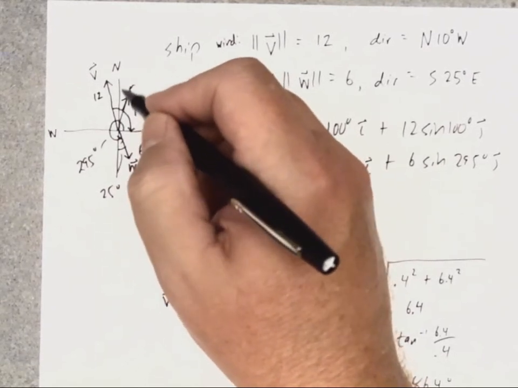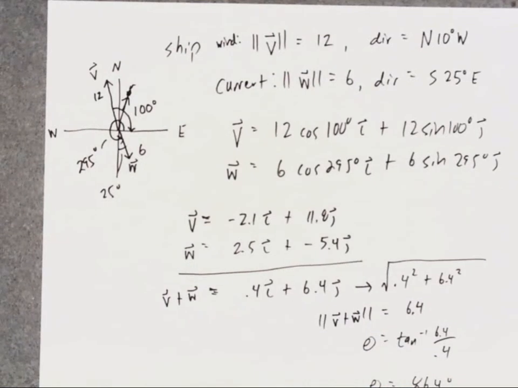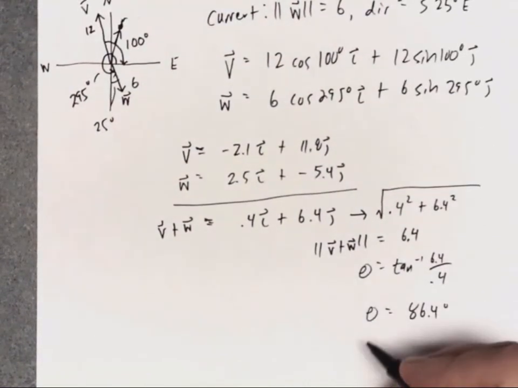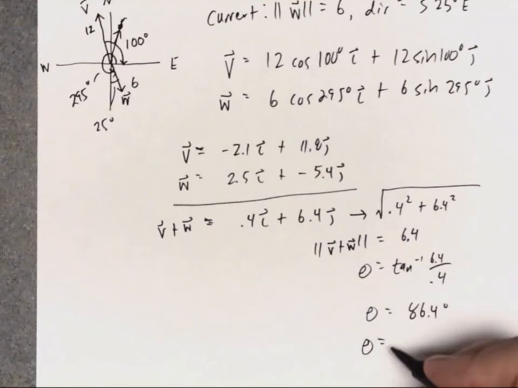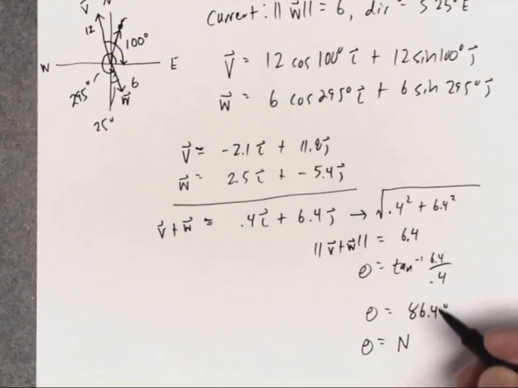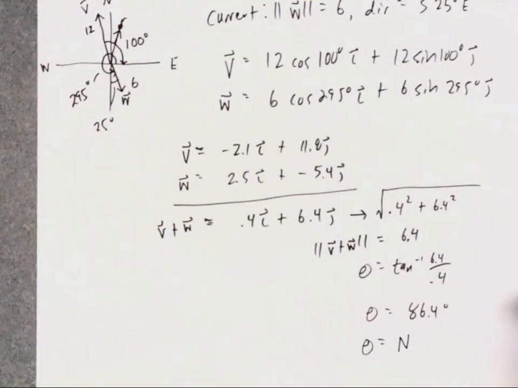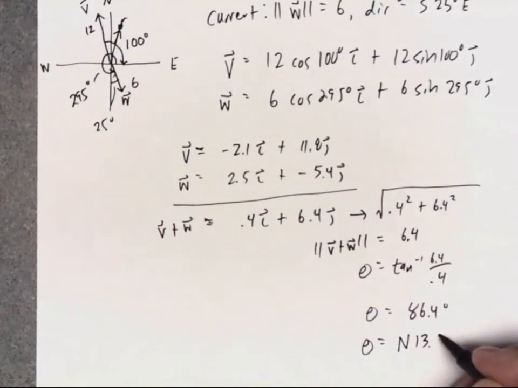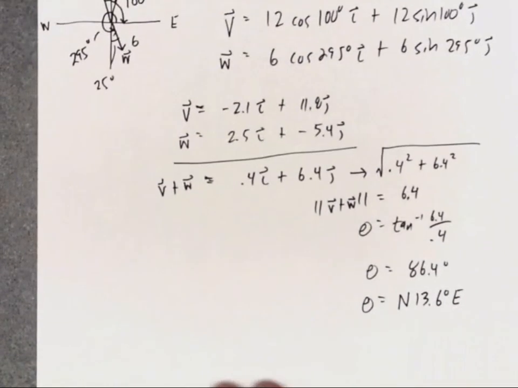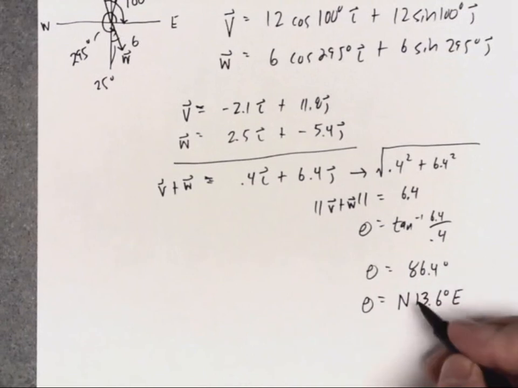So in this case, since I'm closest to the north sort of axis, I would actually say the angle is north, and now I'm going to go east, and I'm going to go 13.6 degrees east.